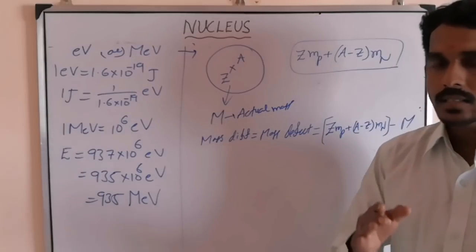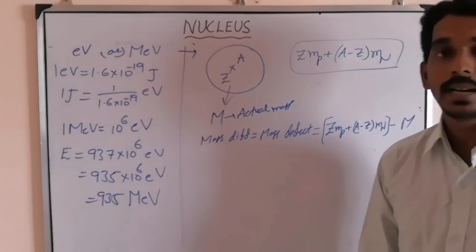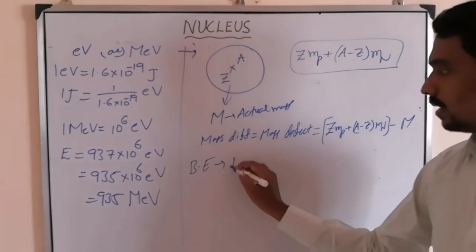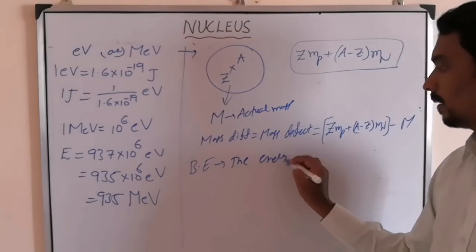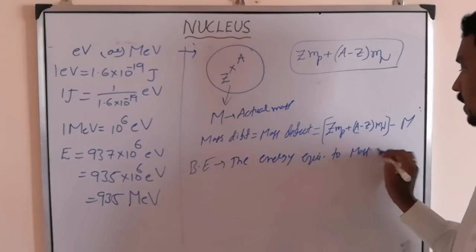So the mass defect equivalent energy is called binding energy. What is that? The energy equivalent to mass defect.